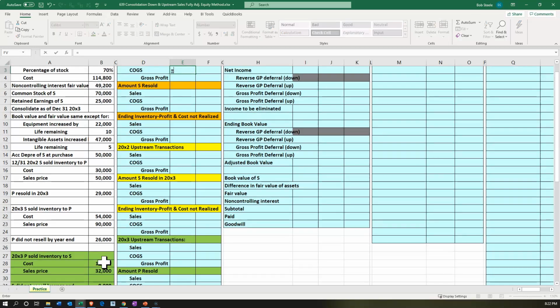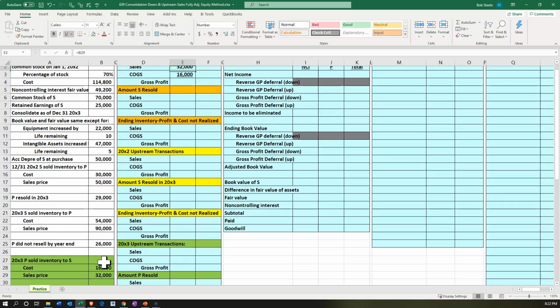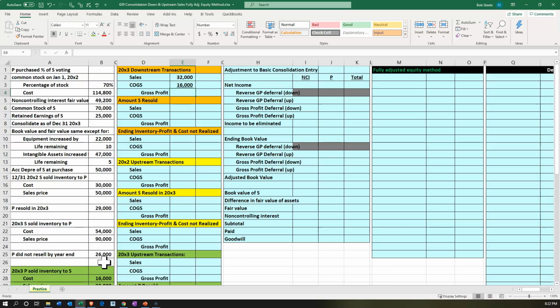The cost of goods sold is going to be the 16. Subtracting those two out, there's the sale minus the cost of goods sold. Then I'm going to get the gross profit percentage, 16 over the 32.